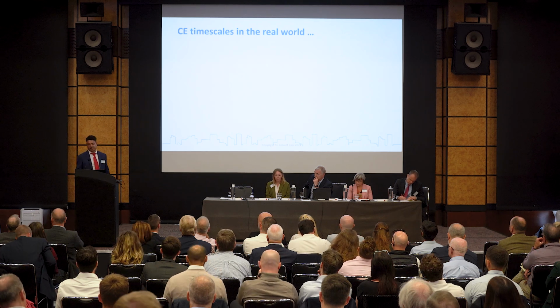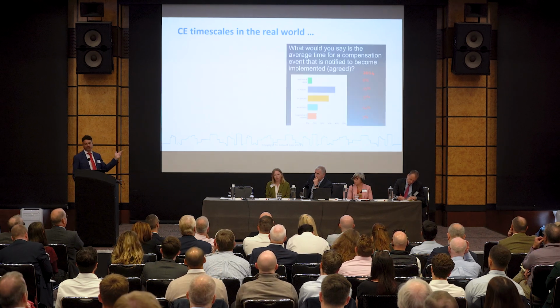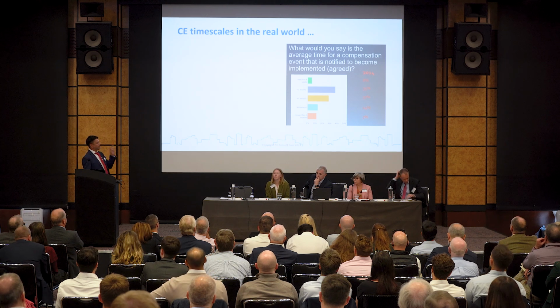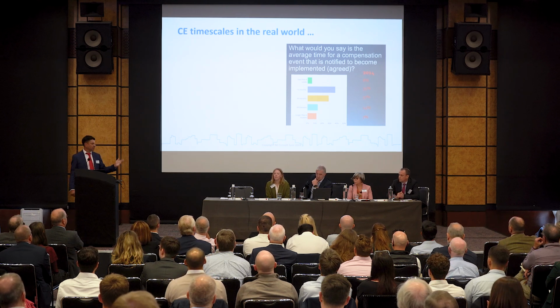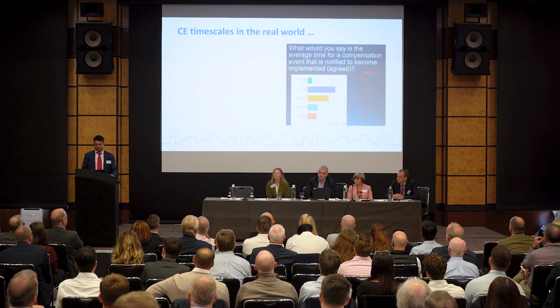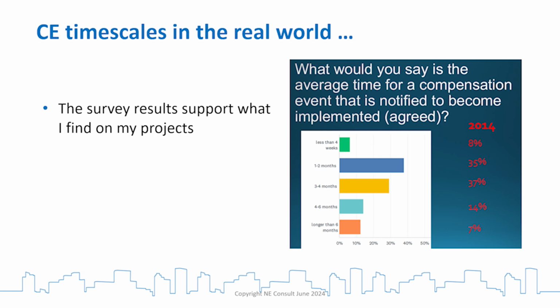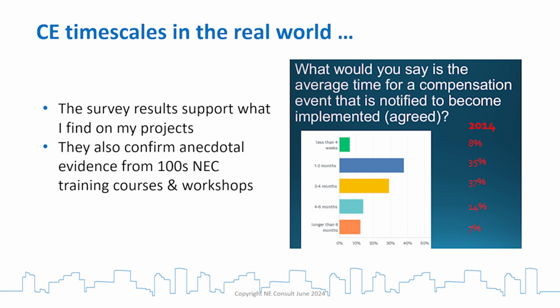Looking at the timescales then, in the real world, well, you've seen the survey results. Now, Glenn said nothing much has changed. In summary, I saw something else. I mean, generally, I saw them supporting what I see on my projects and the anecdotal evidence I hear from all the training sessions and all the rest of it. But I saw that.